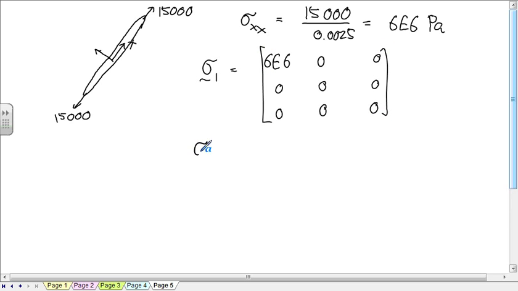And then the Voigt stress would be 6 times 10 to the 6, zeros all the way down. This is the one you could use if you knew the material properties of that member. Then you could calculate the strain from this.